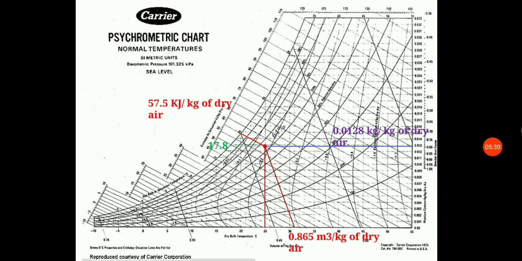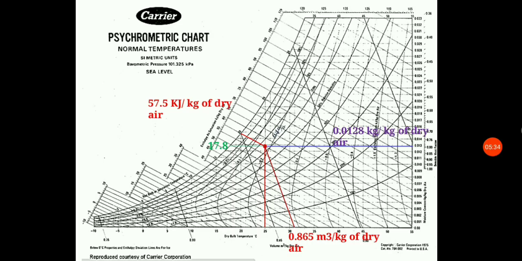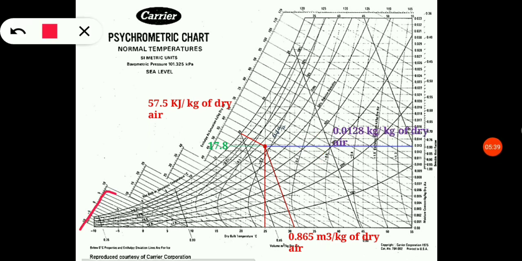Now the last quantity that we have to find out is the specific enthalpy. Here on your screen we can see a specific enthalpy scale shown over here. In order to find out the specific enthalpy, we just have to extend the wet bulb temperature line up to the enthalpy scale.